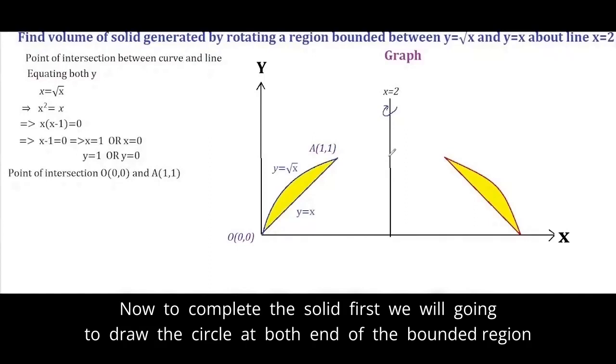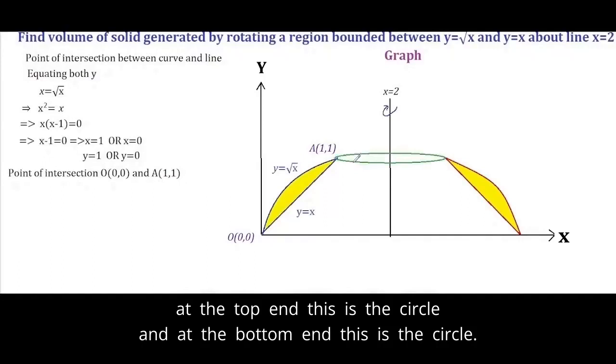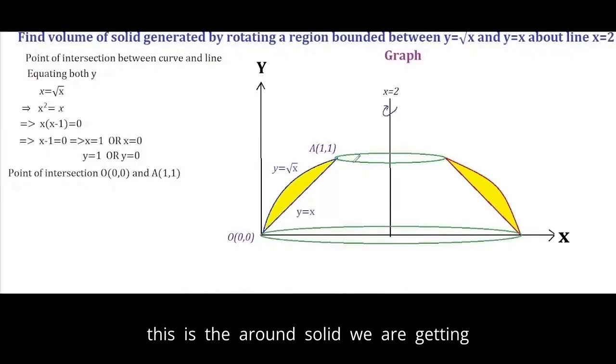Now to complete the solid, first we are going to draw the circle at both ends of the bounded region. So at the top end, this is the circle, and at the bottom end, this is the circle. So this is the round solid we are getting. To make it clear, let's shade the solid.